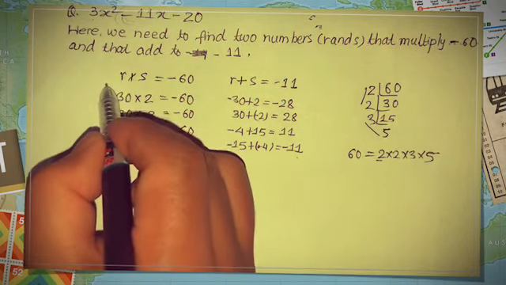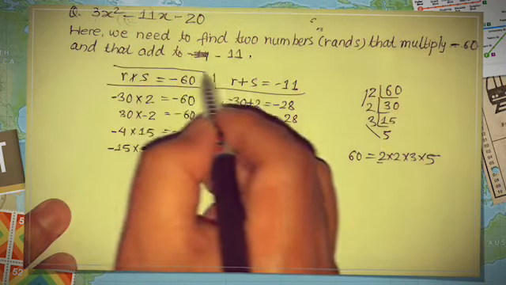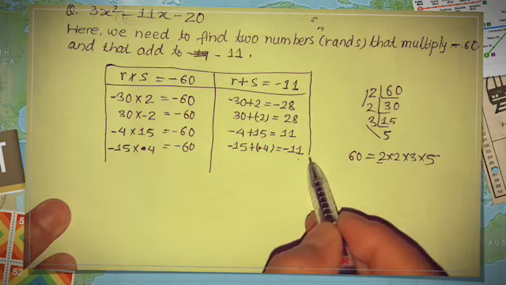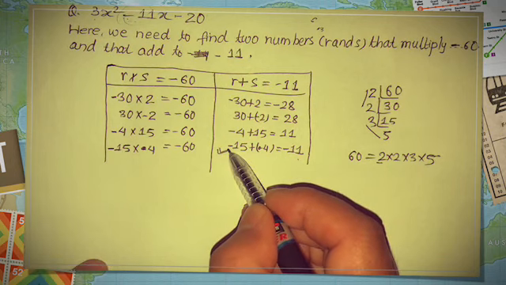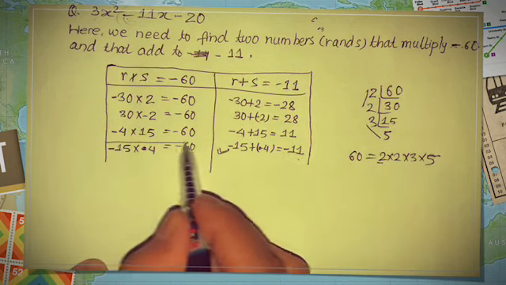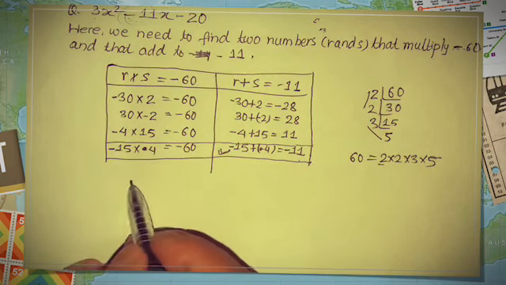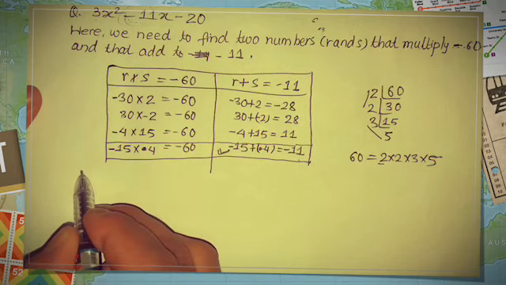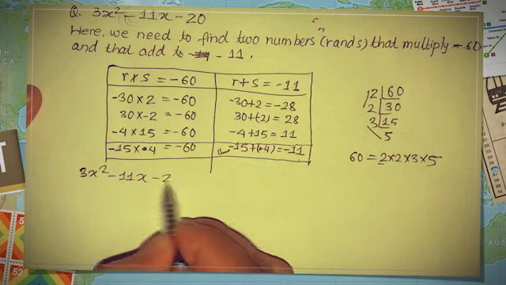Okay, so this process is only to find the numbers that satisfy the conditions. So after finding the numbers, you can end the process. Okay, so this is what we are looking for in the solutions. Now after finding numbers, we have 3x squared minus 11x minus 20.